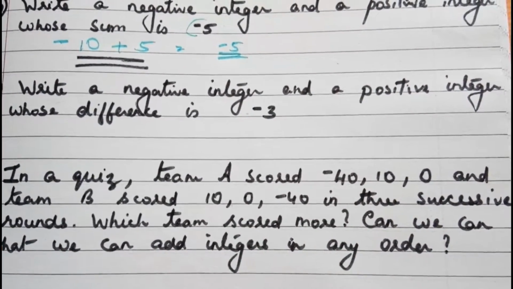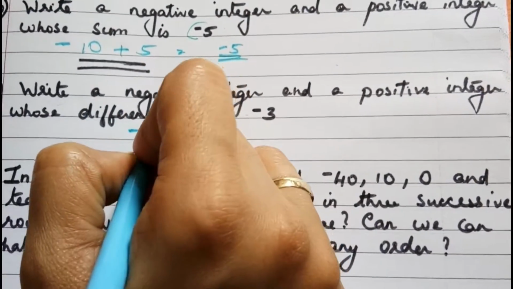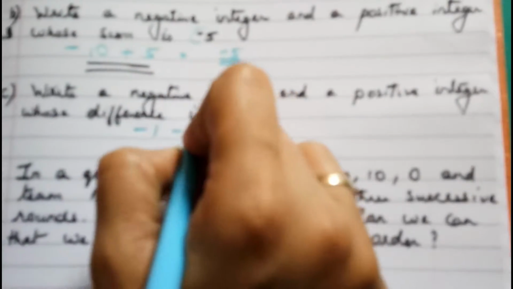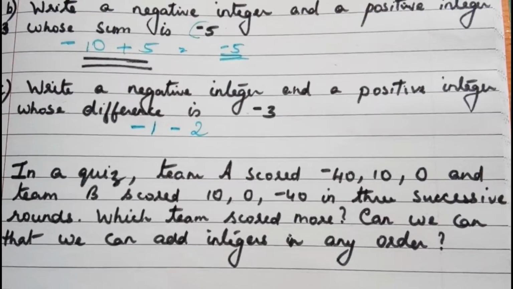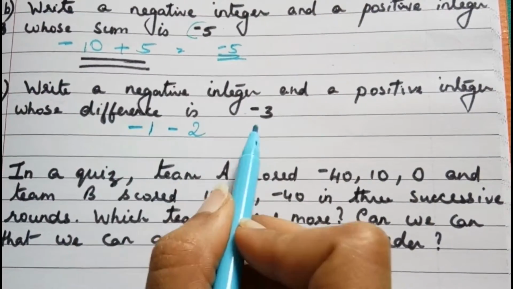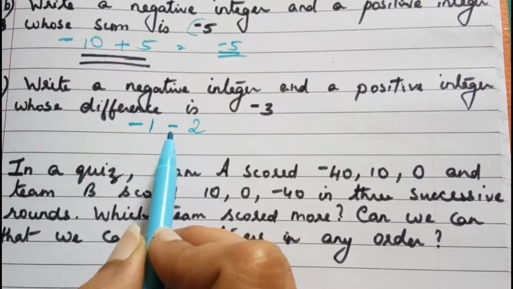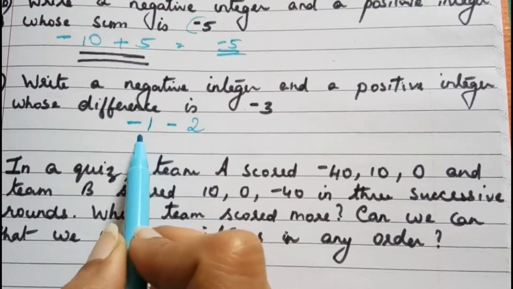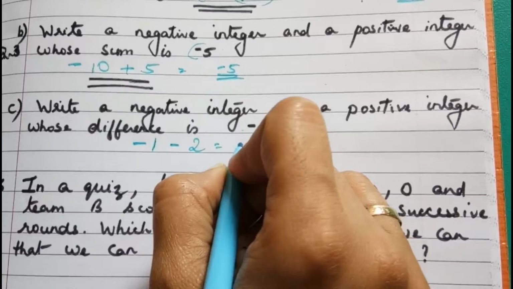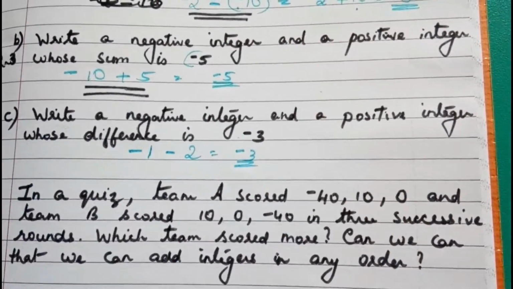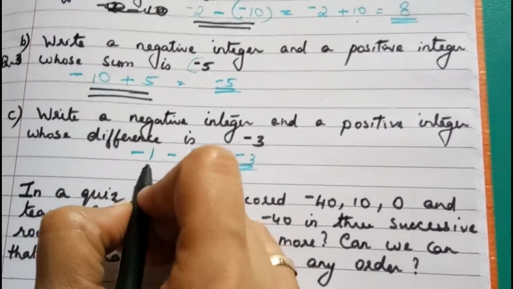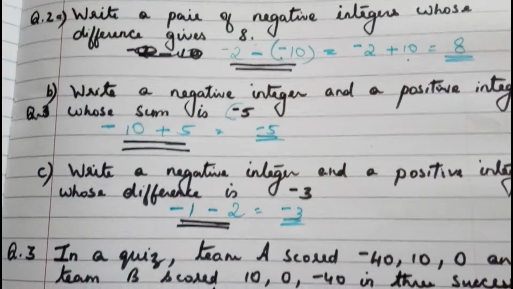The answer could be minus 1 minus 2. Simple. Why? The answer is negative and that is again 3. So minus 1 minus 2, both have the minus sign, so we have to add and put the minus sign. You will get the answer as minus 3. So what is the answer here? Minus 1 minus 2. Clear?